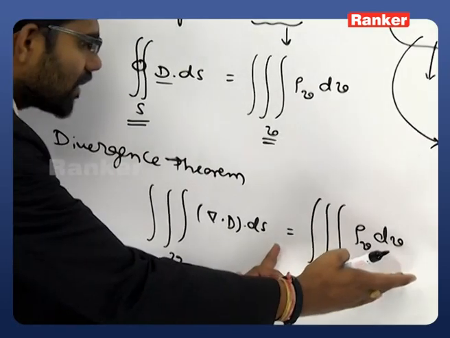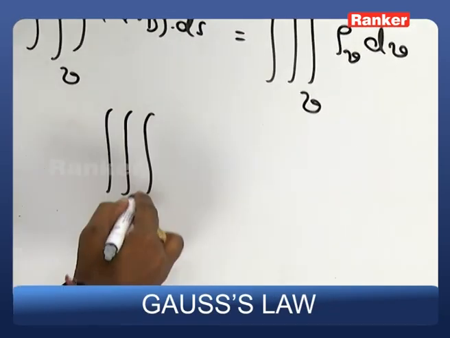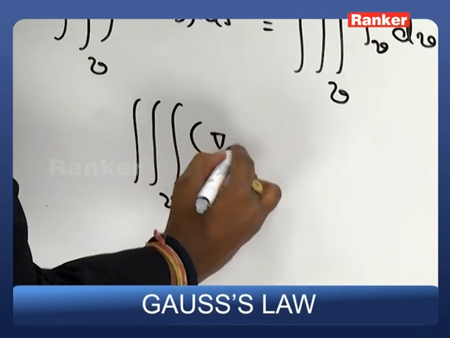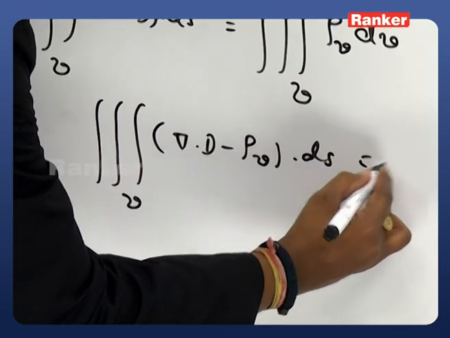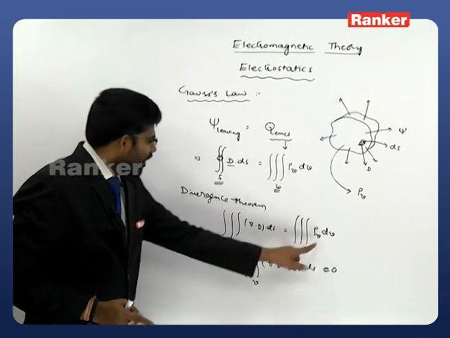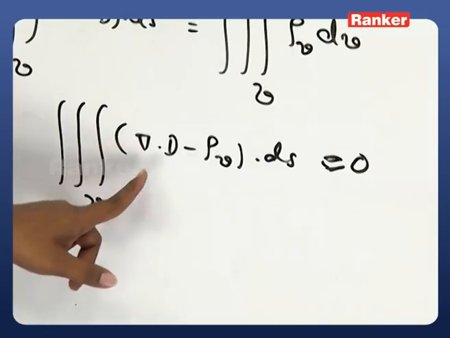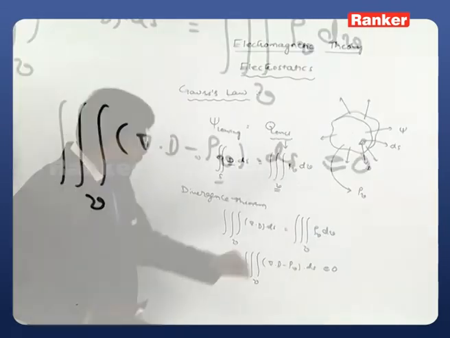Now bring the right hand side term to the left hand side. Then what we get is the volume integral of (del dot D minus rho v) dv is equal to 0. Now observe this integration.